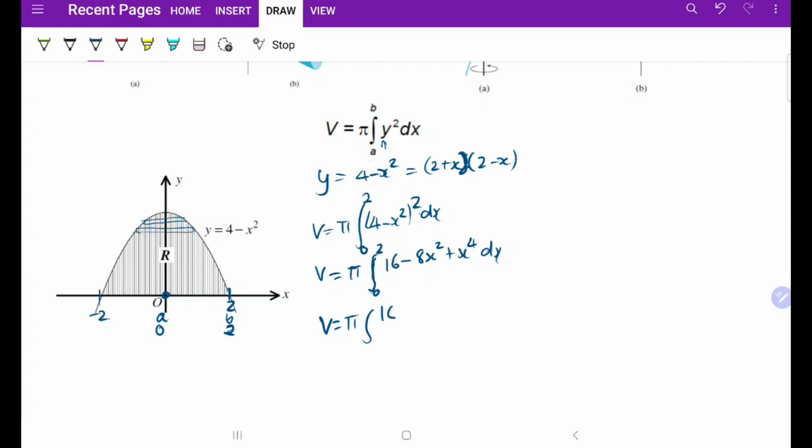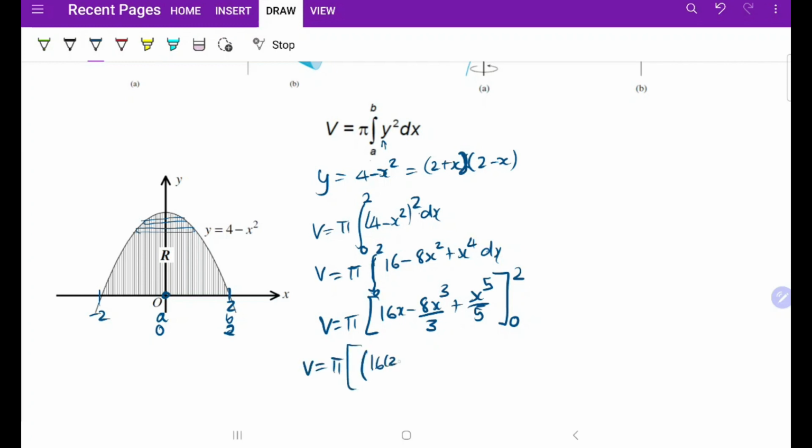To integrate that, remember basic functions. This will be 16x. This will be 8x to the 3 divided by 3. This will be x to the 5 divided by 5. And therefore that is our integral. So now we'll be taking the boundaries between 2 and 0. Remember, when we do this, we'll multiply everything by pi at the end.